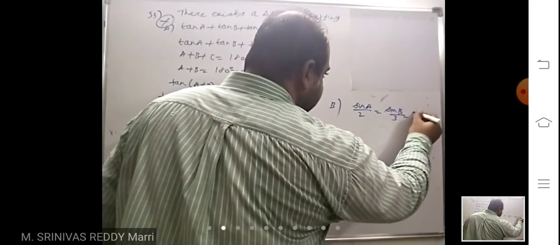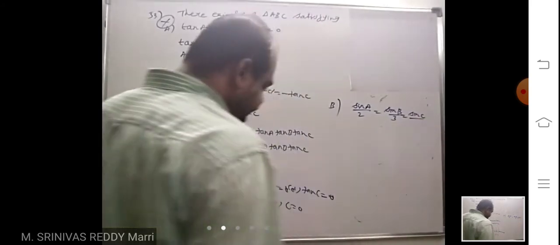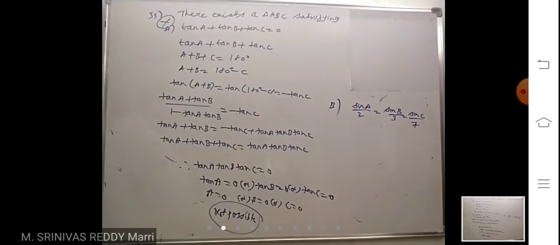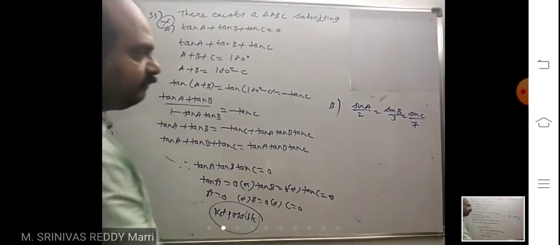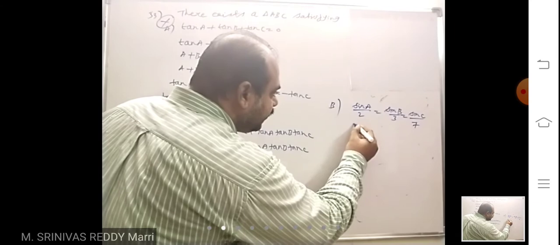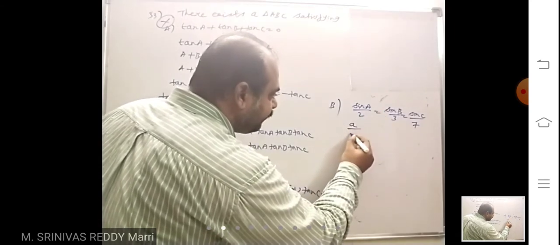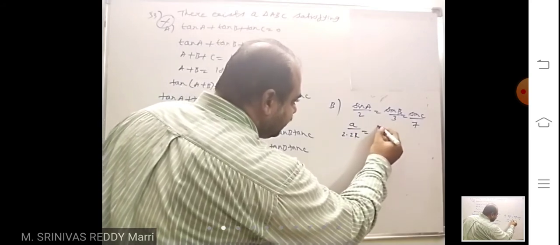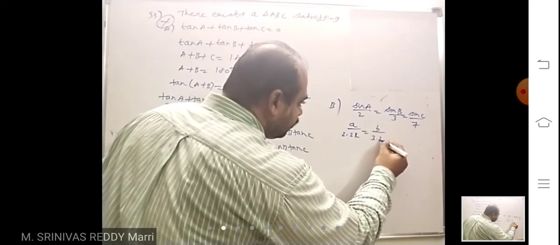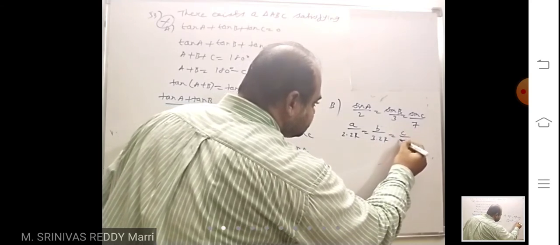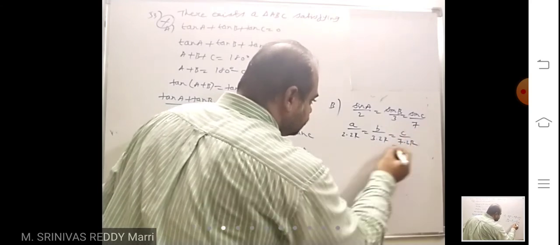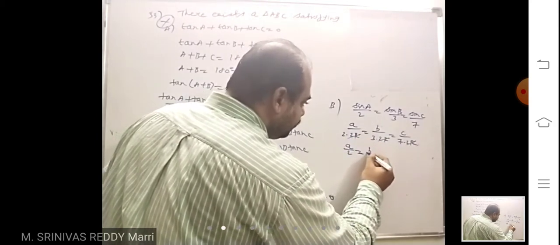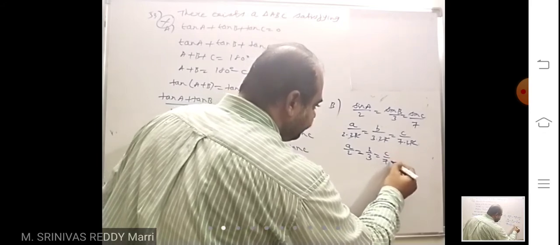Sin A is a by 2R, sin B is b by 2R, sin C is c by 2R. So this 2R will get cancelled, and you will get a by 2 equal to b by 3 equal to c by 7.